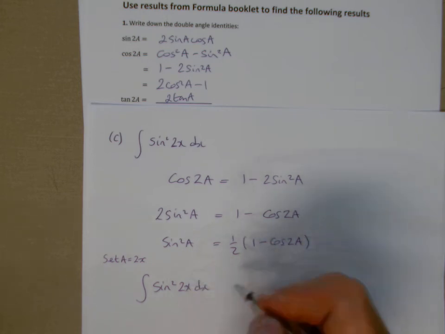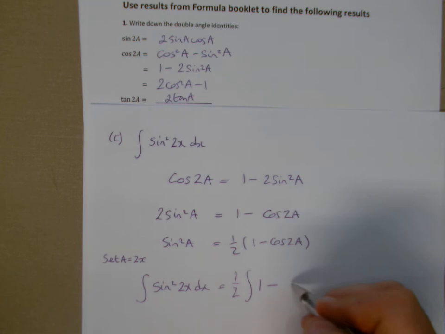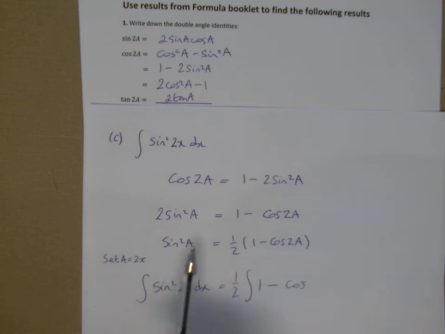And then in my result on this side, remember now the half can go outside the integral. 1 minus, now this is the bit where we're going to be clever. We've got cos, and that's 2a, isn't it? But remember, a became 2x. So if I want 2a, and a is 2x, I just need to have 2 of these.